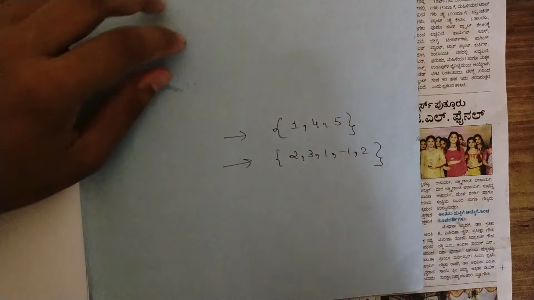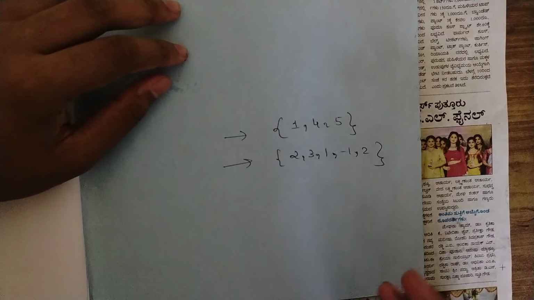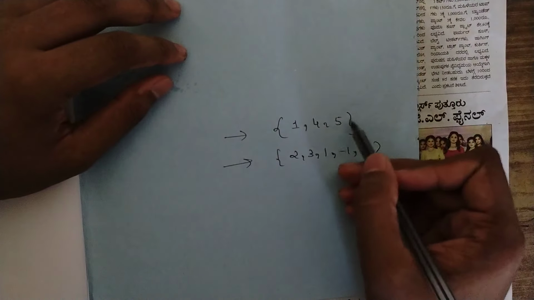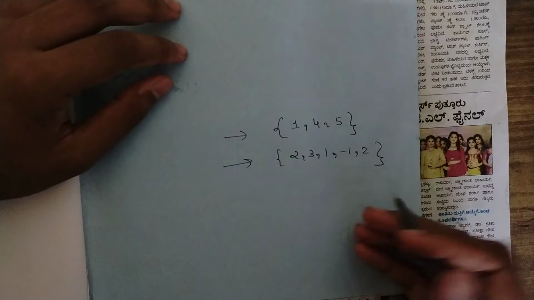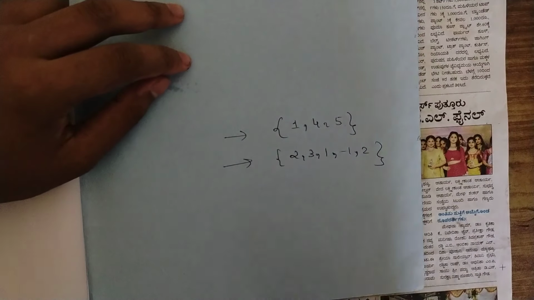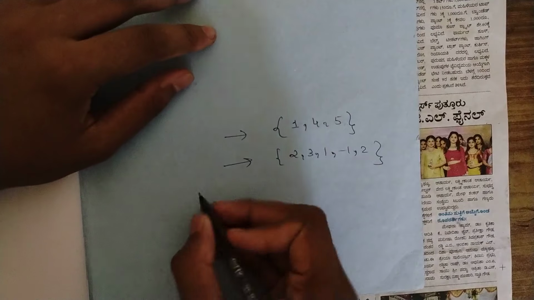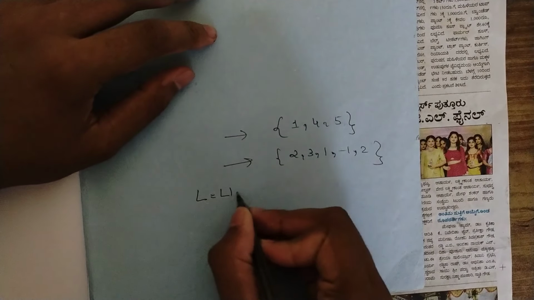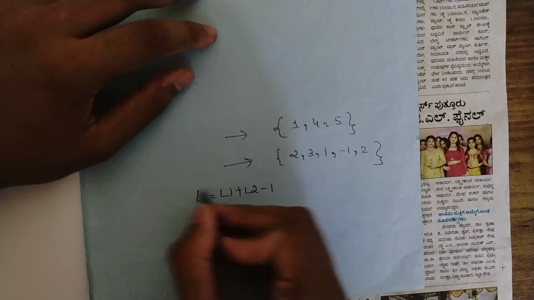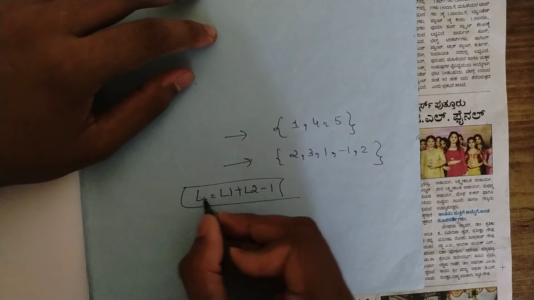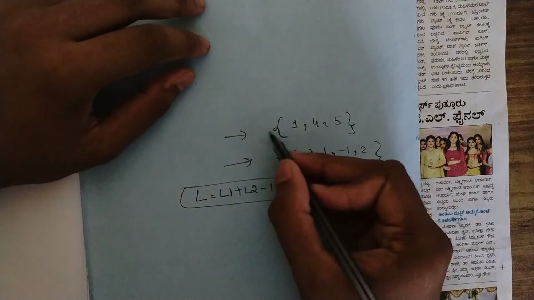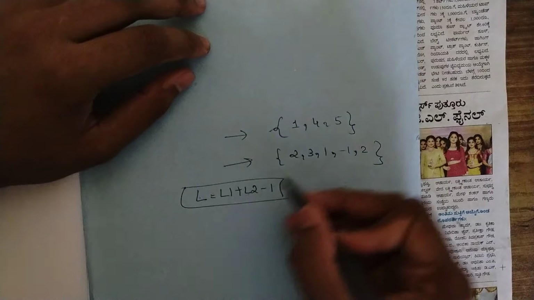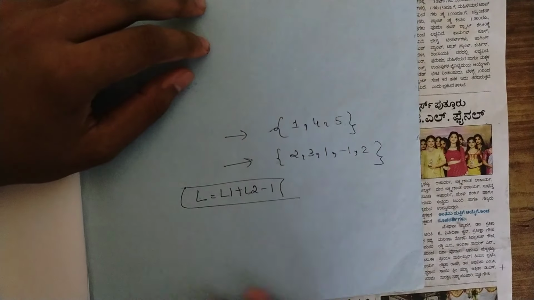Some would say, sir, just add 2 zeros here and those two would be of the same length. But it is not like that. We have one particular formula for that. That formula is L is equal to L1 plus L2 minus 1, where L stands for the length of the sequence, L1 is the length of the first sequence, and L2 is the length of the second sequence.